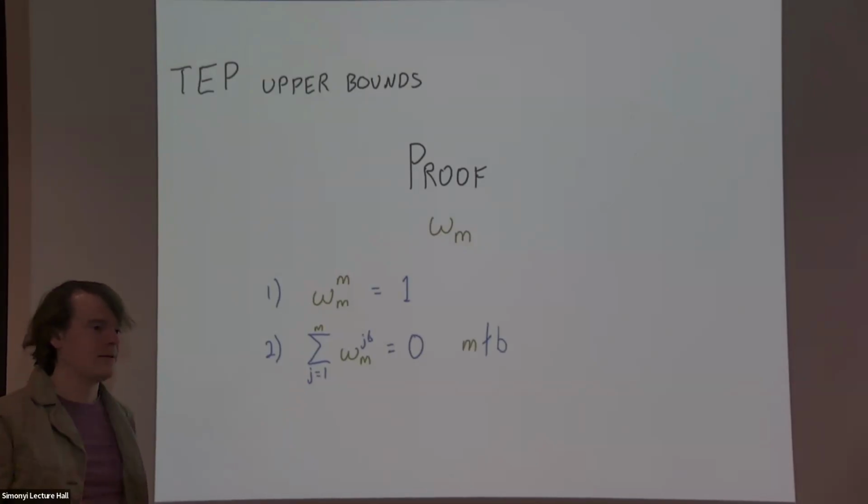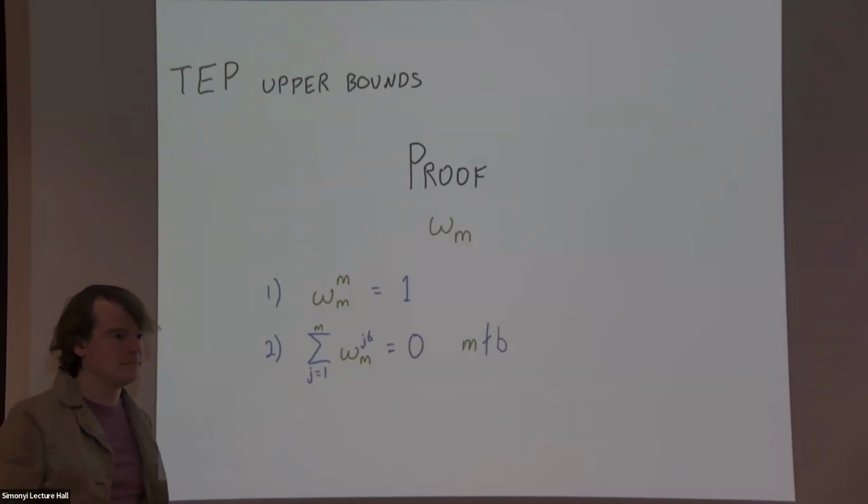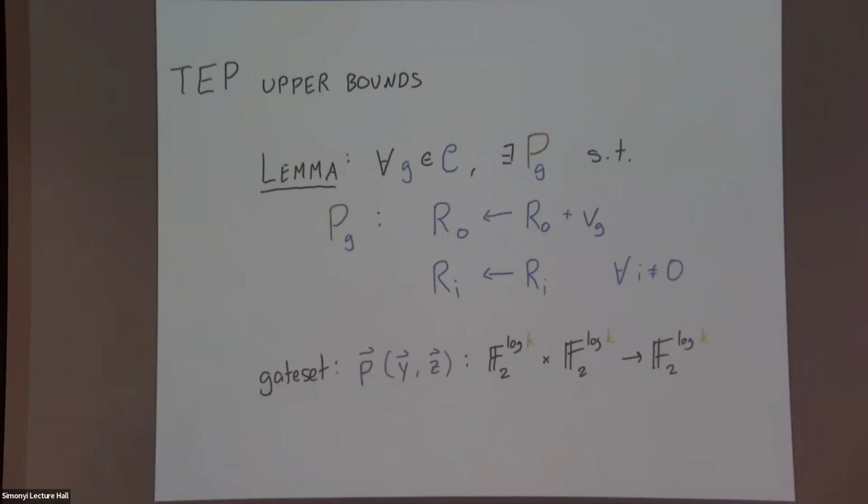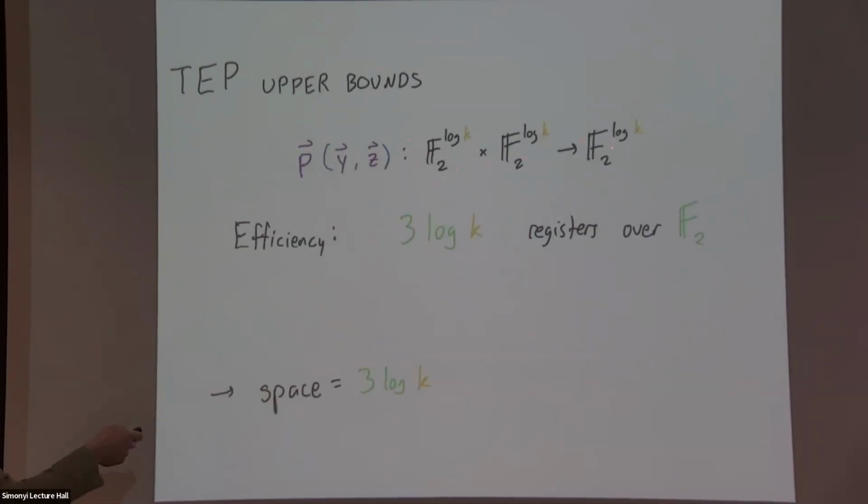Sorry, just to go back to the tree evaluation problem, what is the degree there? Good question. It depends on the encoding they use. Let's pick the most naive encoding. You start with log k bits on the left and log k bits on the right. You're just specifying a number in binary on the left and in binary on the right.